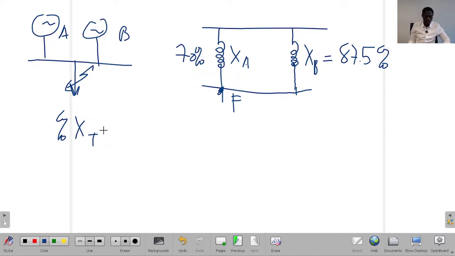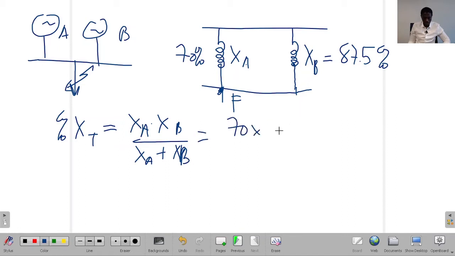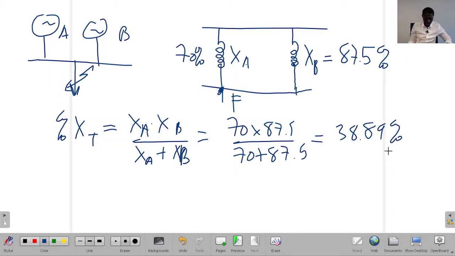So the total reactance here is going to be XA multiplied by XB over XA plus XB, which is 70 multiplied by 87.5 over 70 plus 87.5. This leads us to 38.89%.